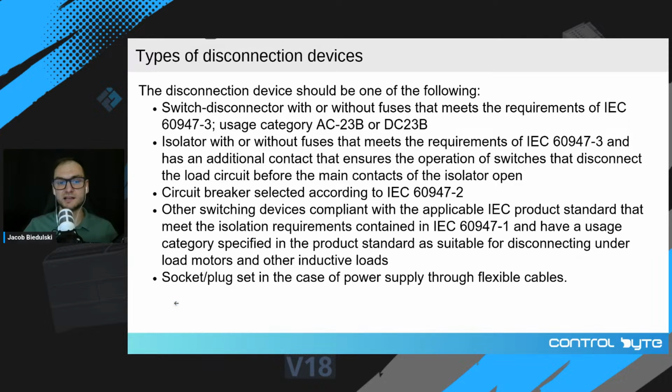The last guideline is that we can also use a socket plug set in the case of power supply through flexible cables. So for small machines, small stations, we can use a special socket plug set as a disconnecting device.